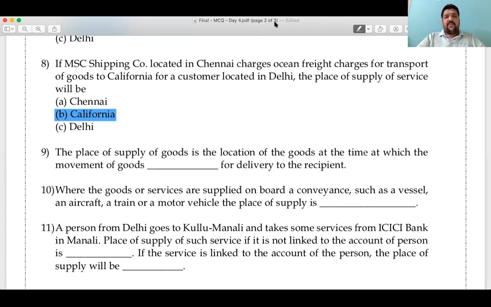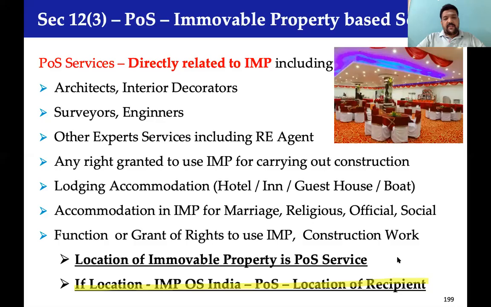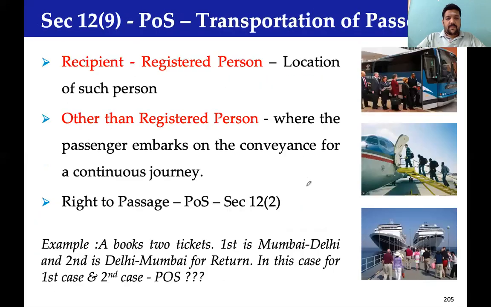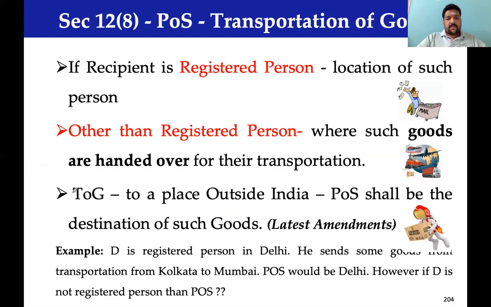We have discussed this provision earlier. Supplier is in India, recipient is in India, then the place outside India where the goods are going to go will become the place of supply. So in our case, it is going to be answer B. Hope you all were able to appreciate that.